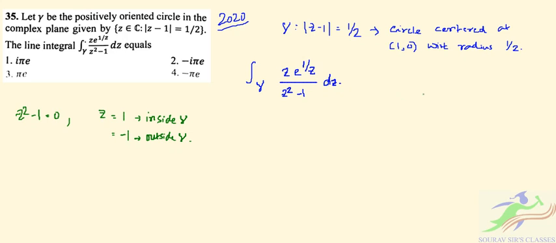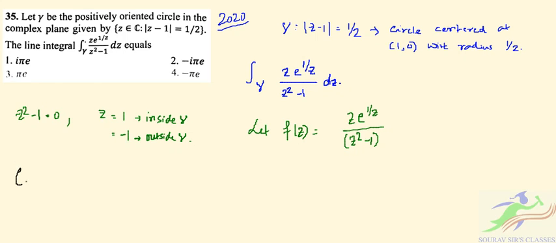So let f(z) be the function e to the power 1 by z into z divided by z square minus 1.